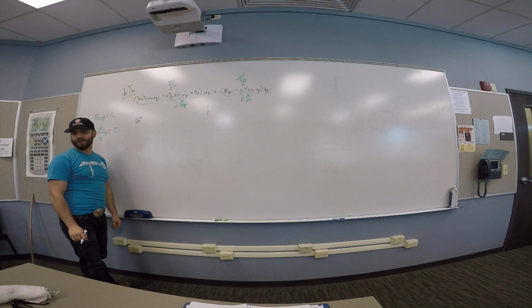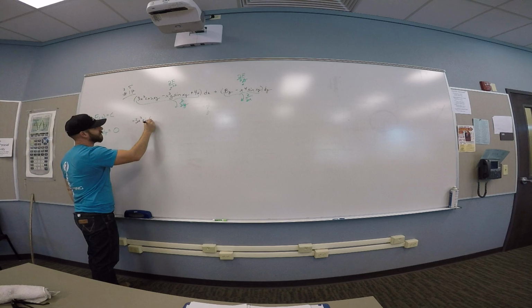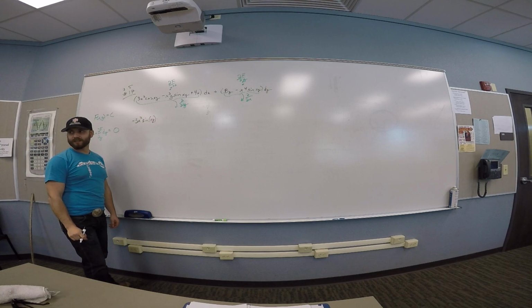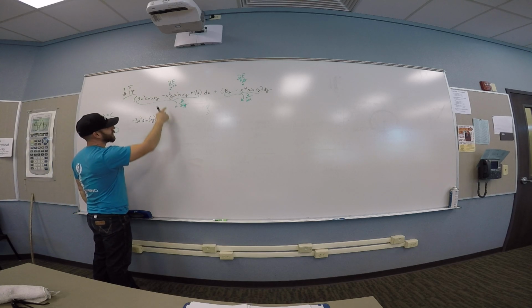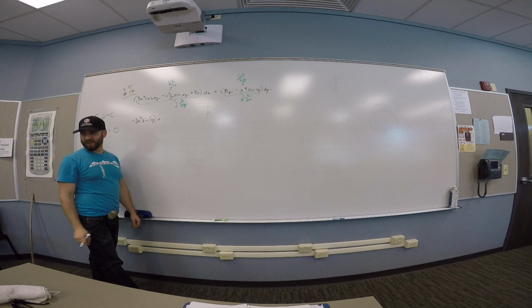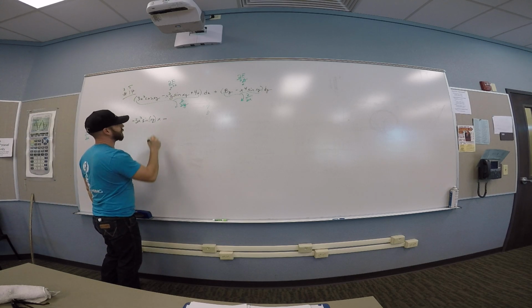So partial with respect to y of all this is a 3x squared. Derivative of cosine is minus sine, so I got a minus sine of xy, and then a derivative of the inside is x. And then here I need a product rule. Differentiation by parts.